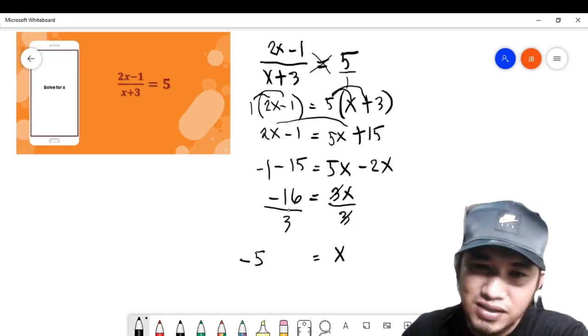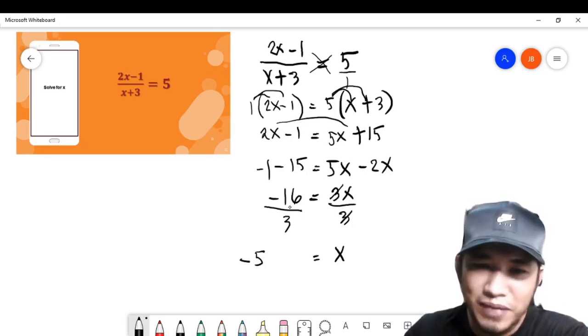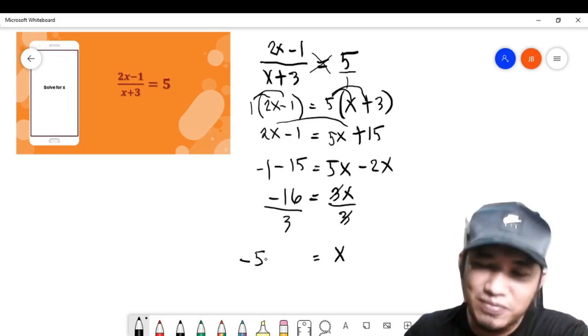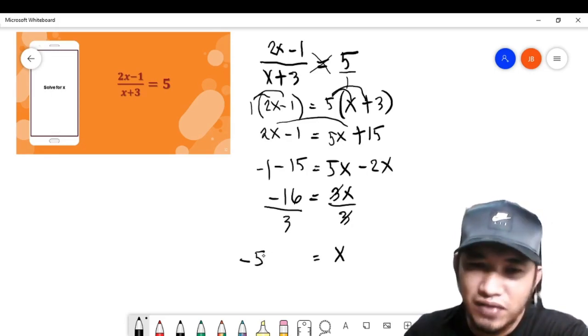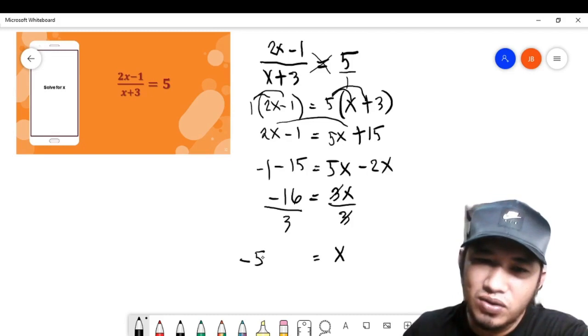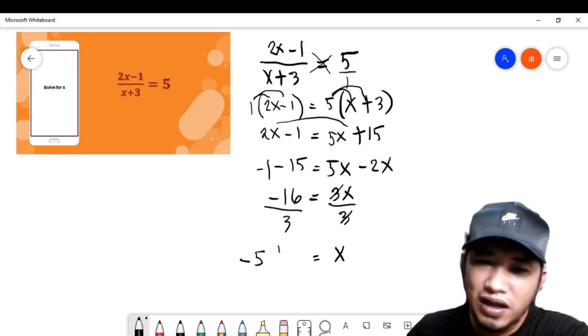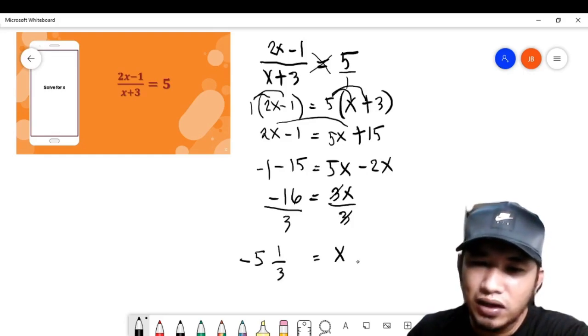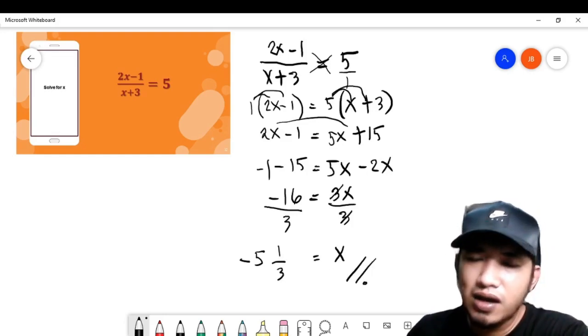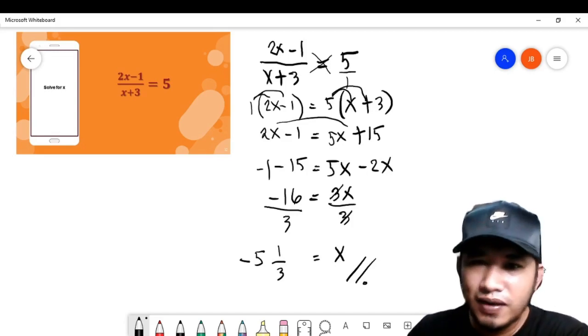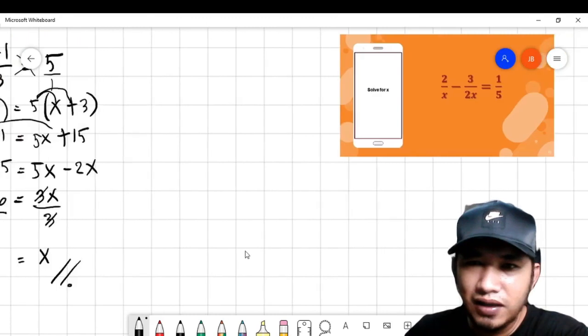Ay, sorry. So, ilan na lang ang 3 times 5, sabihin natin. 3 times 5, that is 15. Diba? So, kung isusubtract natin ang 15 at saka 16, okay, alam natin that merong matitirang 1/3, and that is the final answer. Alright? So, yun lang mga kapatid.